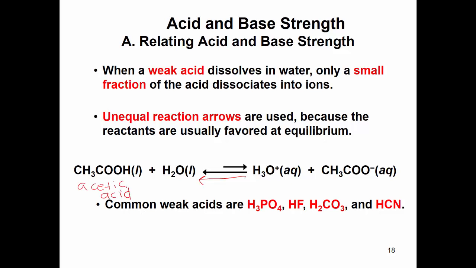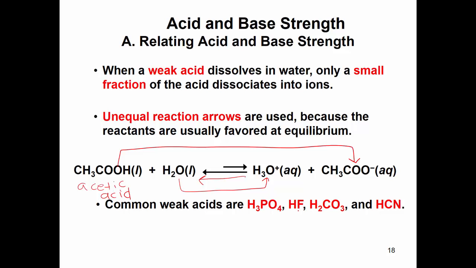It's considered to be weak, and so some of it will react as we've seen. We donate a proton to the base there, and it becomes H3O+. So there's the base and its conjugate acid, and there's our acid and conjugate base. But only a small fraction will do that, and that's the difference between a strong acid and a weak acid.